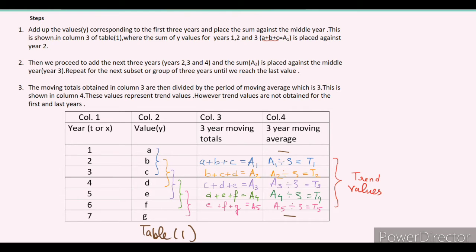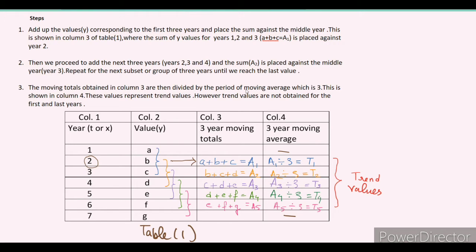In step 1, you add up the Y values in column 2 corresponding to the first 3 years, and you place the sum against the middle year. The first 3 years, 1, 2, 3, have values A, B, and C. You add up A, B, C, and among these years, 2 is the middle year, so the sum of A, B, C is placed against the middle year.